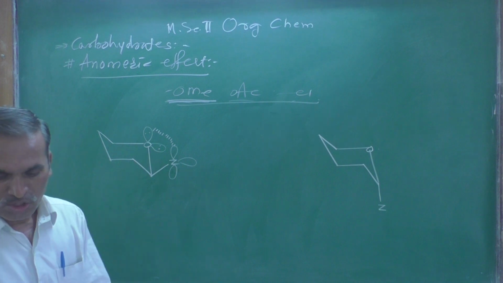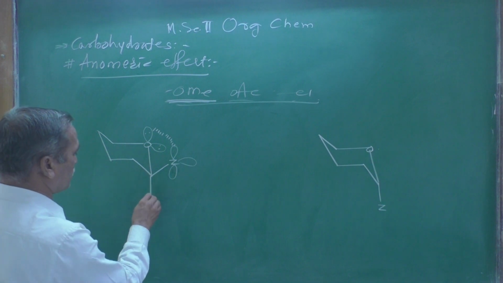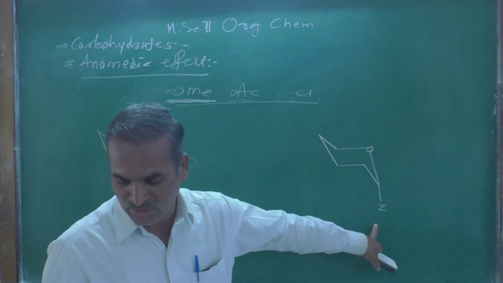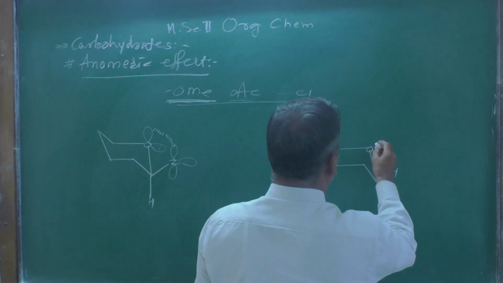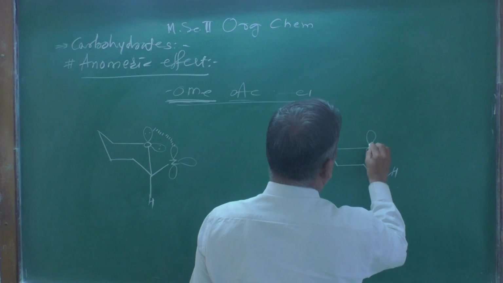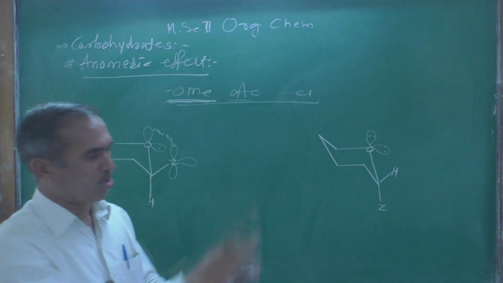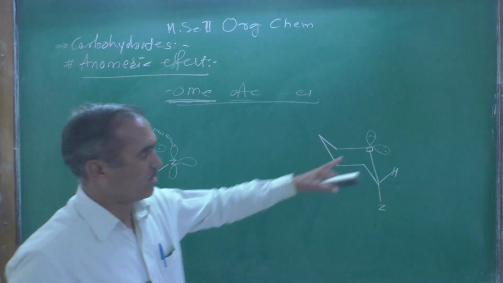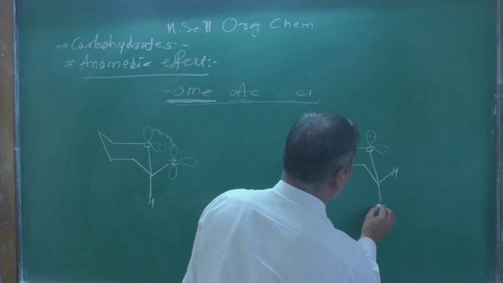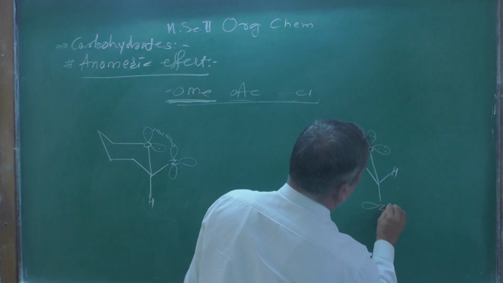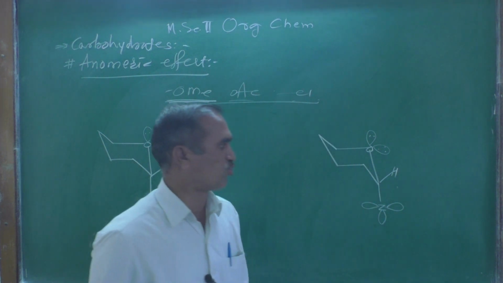A lot of interaction takes place there. And if Z is on this side and the hydrogen atom we can put over here, the same lone pair which is present on the oxygen atom we can represent. These lone pair orbitals are lying in this manner. Now Z group is lying like this. These are the orbitals shown over here.